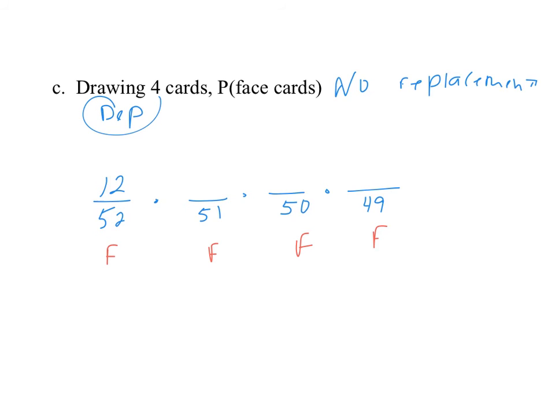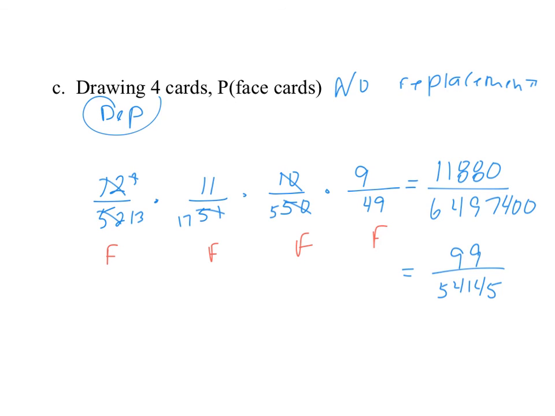And then since we are not replacing, those values go down by 1 as well. So we start with 12. In the second draw, we have 11 face cards remaining, and then 10, and then 9. And you multiply your numerators, multiply your denominators, and reduce. 99 out of 54,145.